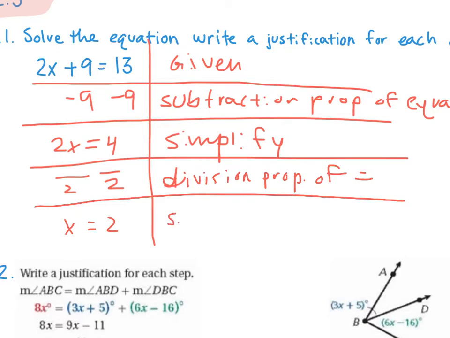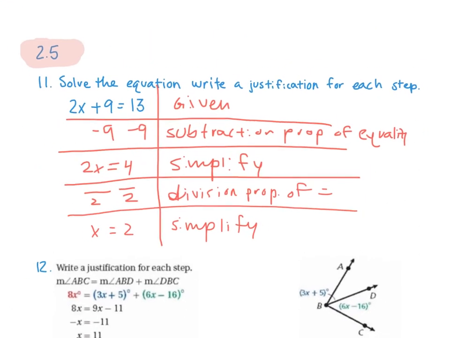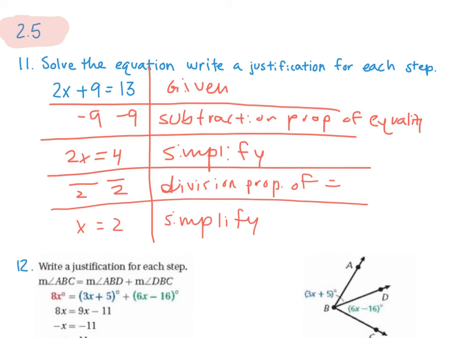So our justification for this step is simplify. Remember, when you're doing it to both sides of the equal sign, so we divided by 2 on both sides, it is division property of equality. But when we are just doing the work on one side of the equal sign just to make the equation smaller, more concise, we are simplifying.